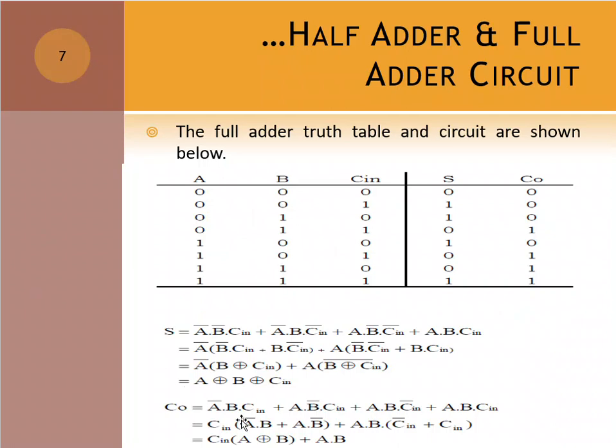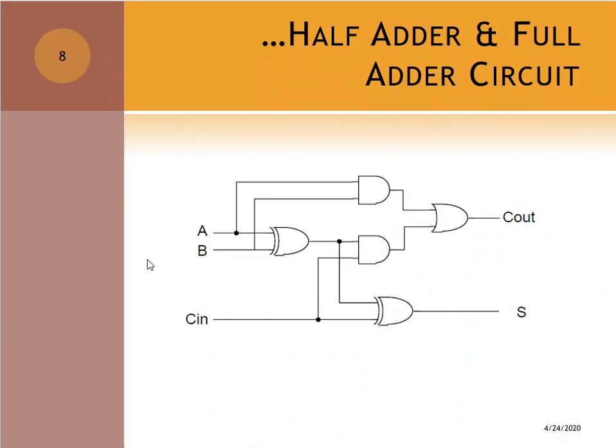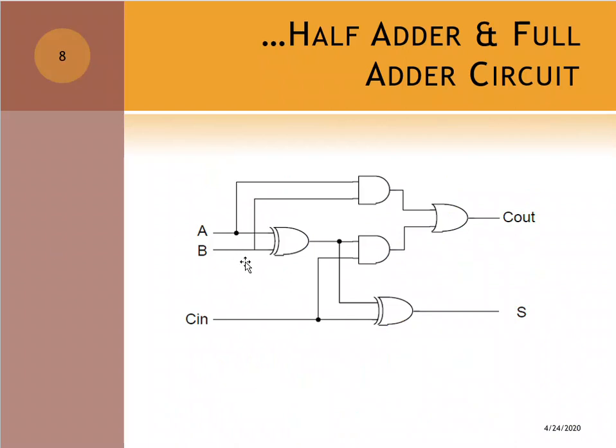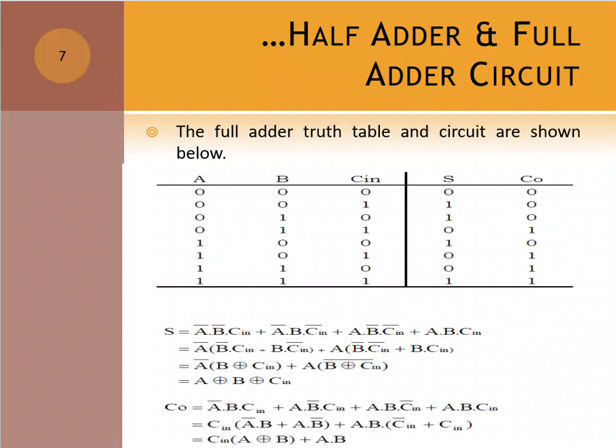Then for C out, we have C in dot with A XOR B. Sorry, just now, A B. We have A dot B, then XOR with... is this correct or not?